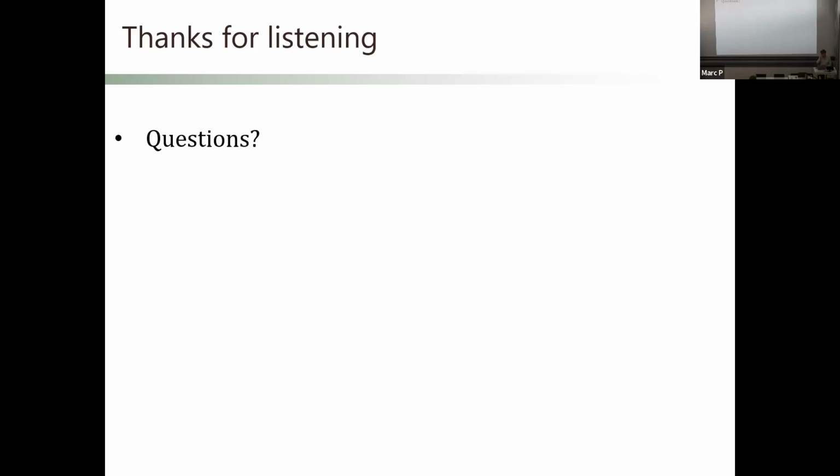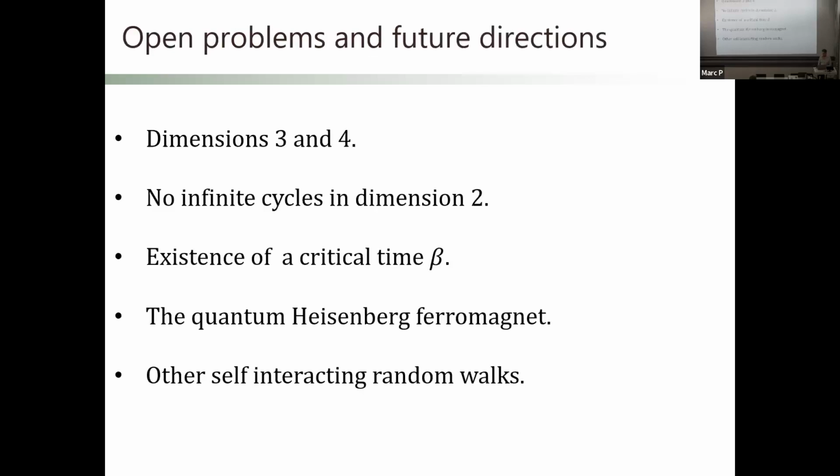But for example, in terms of this question about having a critical time beta, it's been proved on trees, and when the dimension is high, the lattice looks sort of more like a tree, morally, and so you might hope that the same methods apply there. But I don't think I have a more concrete description in terms of that.